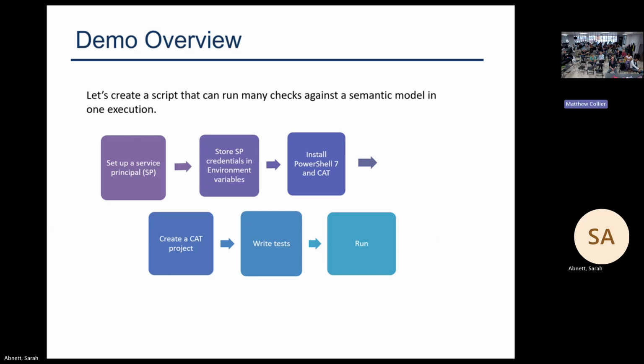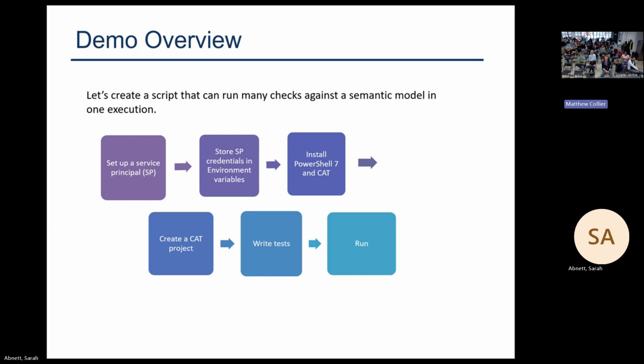Environment variables are a way of getting those credentials stored on somewhere like my machine, or I can put them on a server that's going to actually do the automation. And you can have different variables, so you might have different variables for production and test, for example. It's just a useful way of managing those pipeline deployment processes.